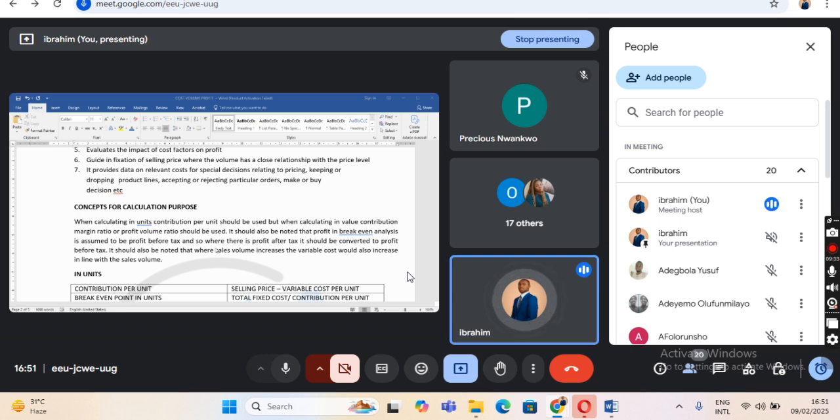Now, when calculating in units, contribution per unit should be used. When you are calculating BEP in units, BEP means break-even point in units, contribution per unit should be used.